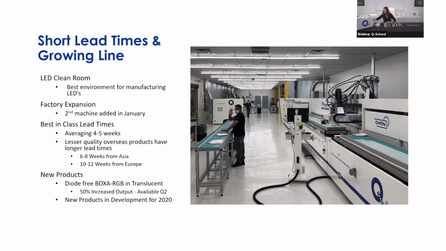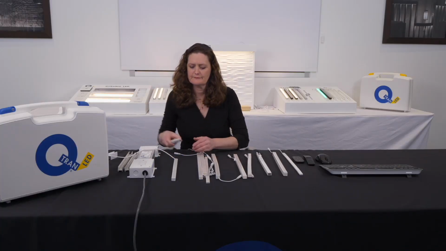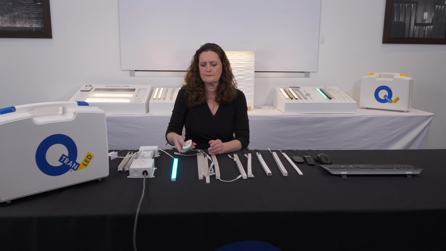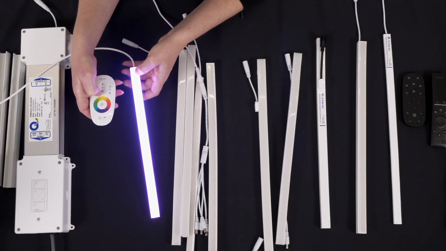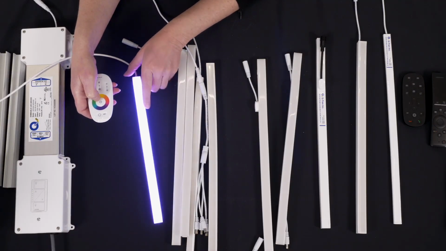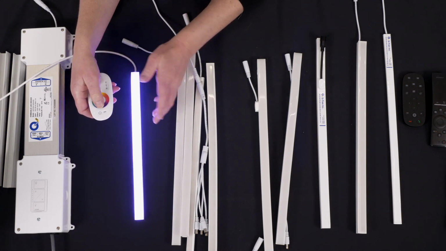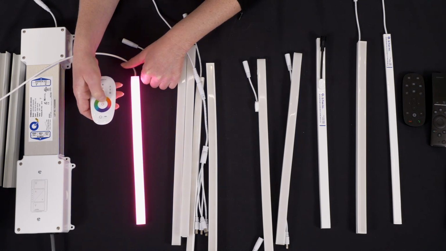Our newest products, we're getting ready to launch, hopefully by the end of this month, a sample that Maura has in front of her. The Boxa RGB with a new tighter pitch and a 50% increased output for diode-free in translucent. So it's a really nice diode-free color-changing option, great for exterior use or interior use, direct view without harsh single diodes.